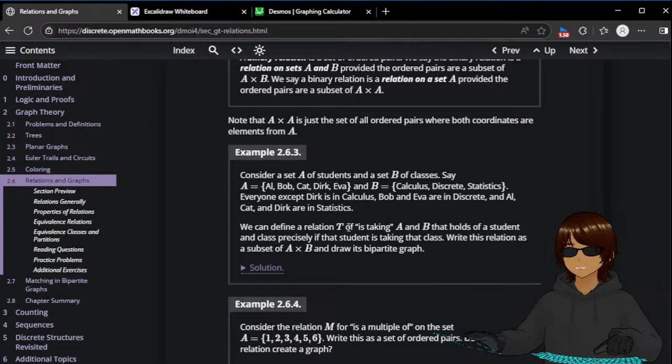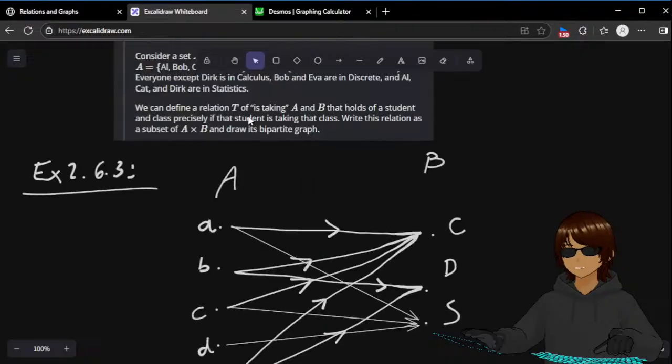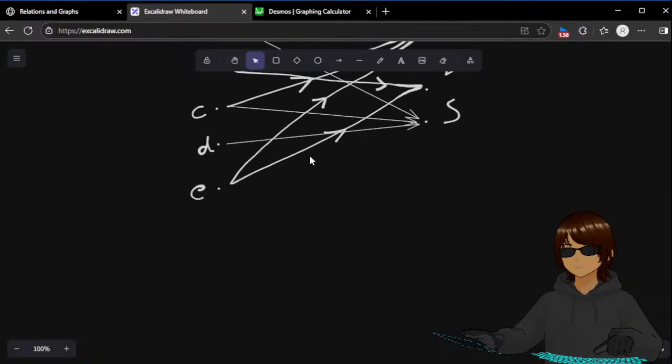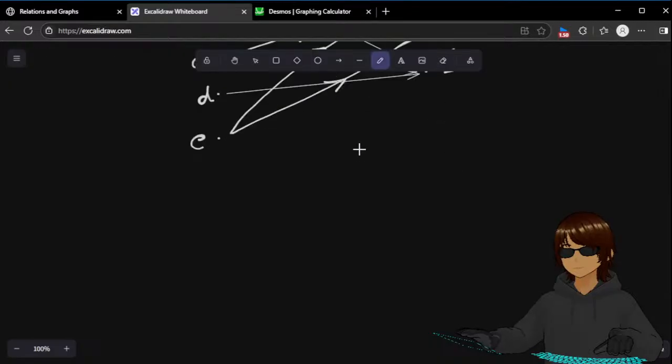Define a relation T. I forgot how you define the relation again.